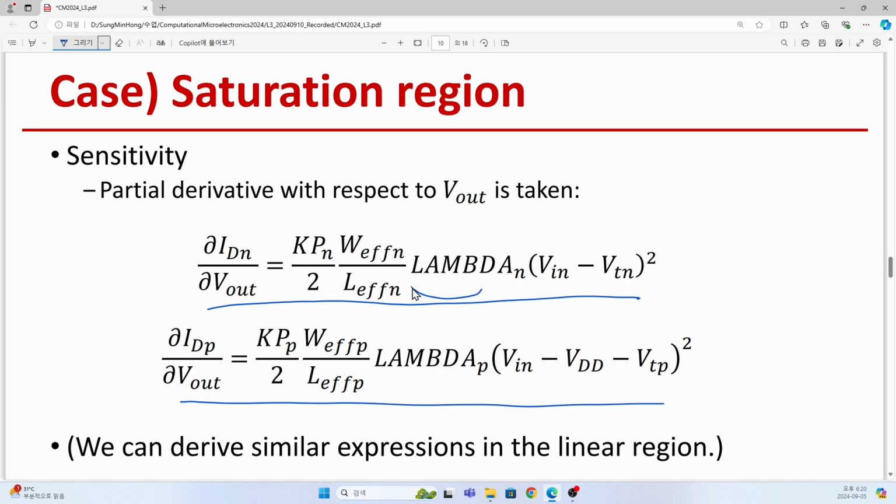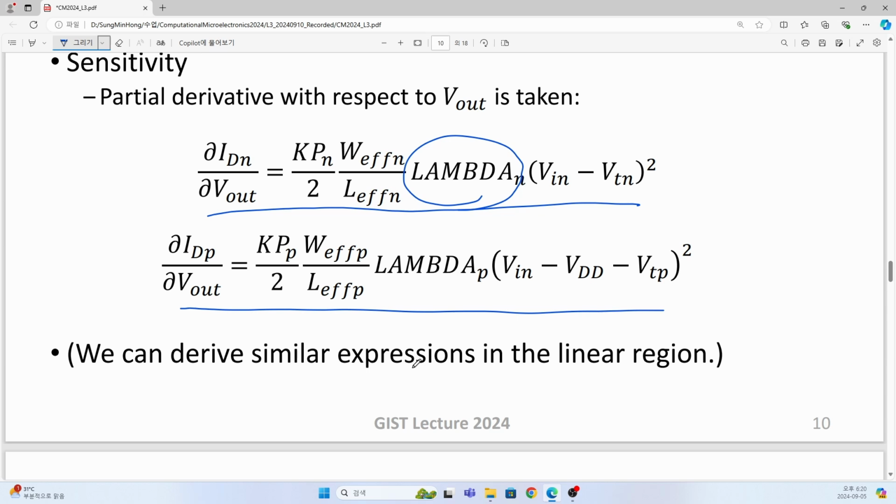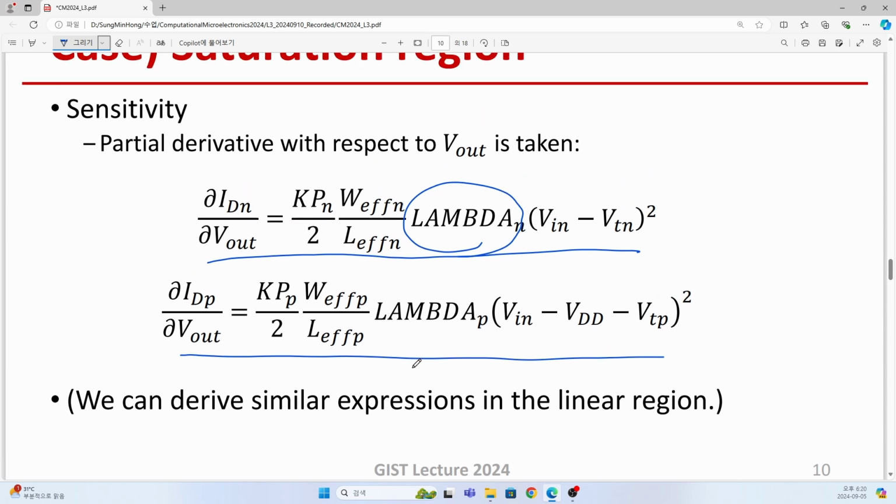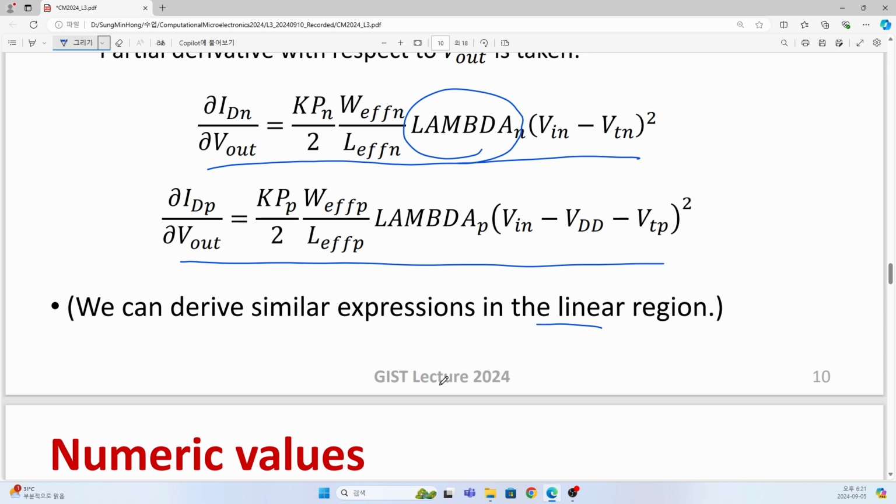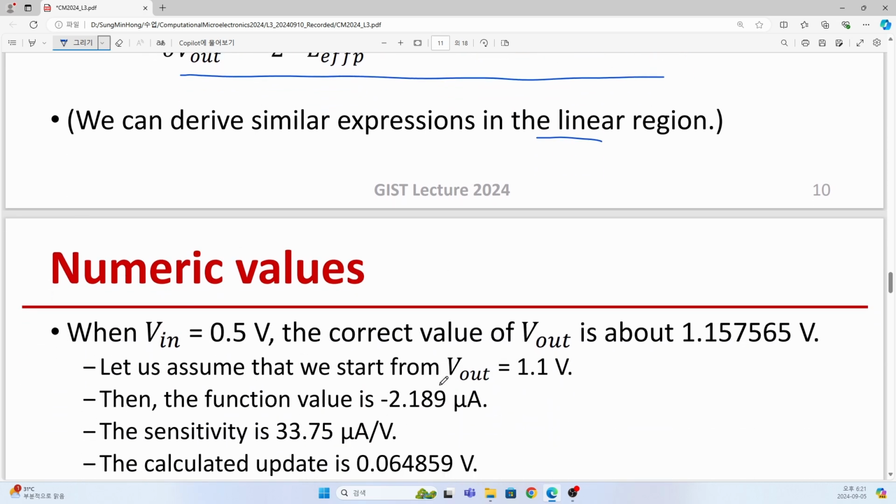So you can see that here it is lambda n, that's it for our sensitivity calculation. You can do it for the other device, the PMOSFET. Also, I wanted to say that we can do similar jobs even in the linear region and in the cutoff region. So everything is quite accessible to us.